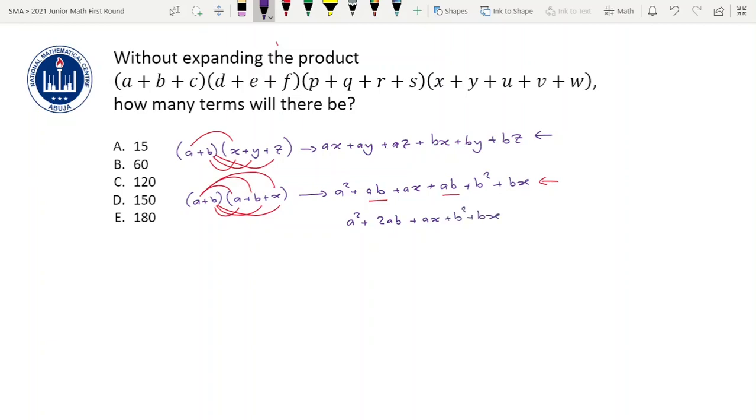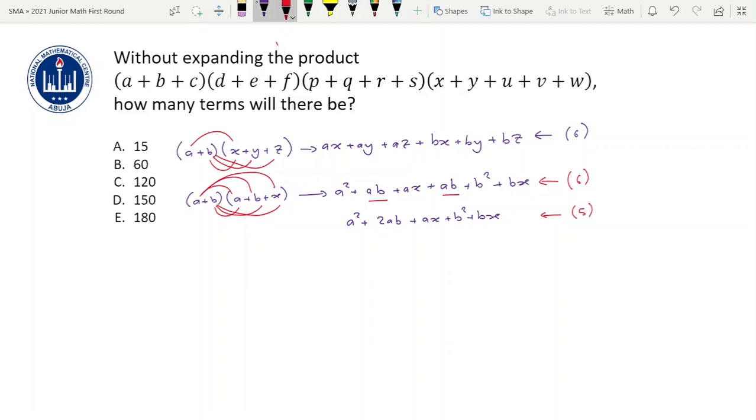When we multiplied (a + b) and (x + y + z), we had 6 terms initially, and that was the least it could be, since we didn't make any further simplifications. In the second expression, we also had 6 terms initially, but because we were able to combine some terms, we ended up with 5 terms instead of 6.